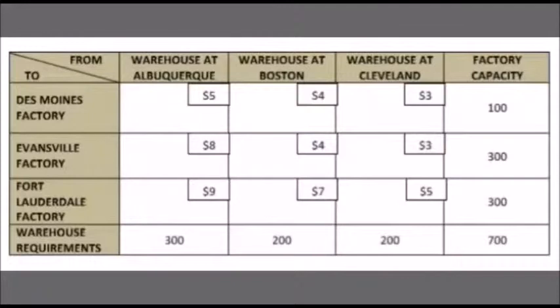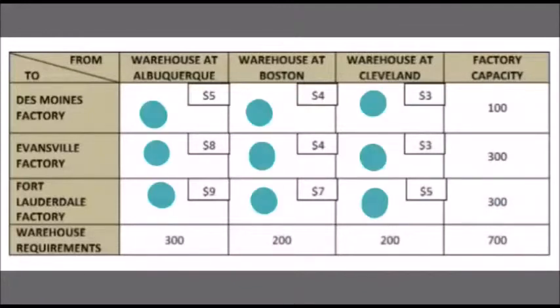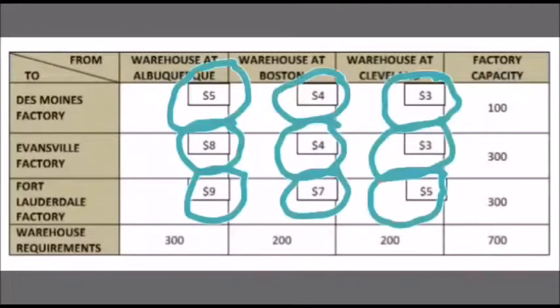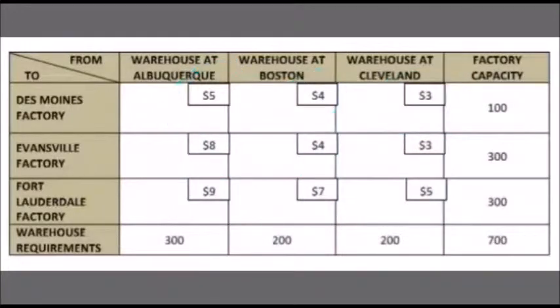So for the warehouse at Albuquerque, we have 300 units, Boston is 200 units, and Cleveland is also 200 units, with a total demand and total supply of 700 units. And the empty cells here represent the source to destination shipping assignment that could be made when we are going to solve the problem. And the small boxes here are the cost of its shipping.